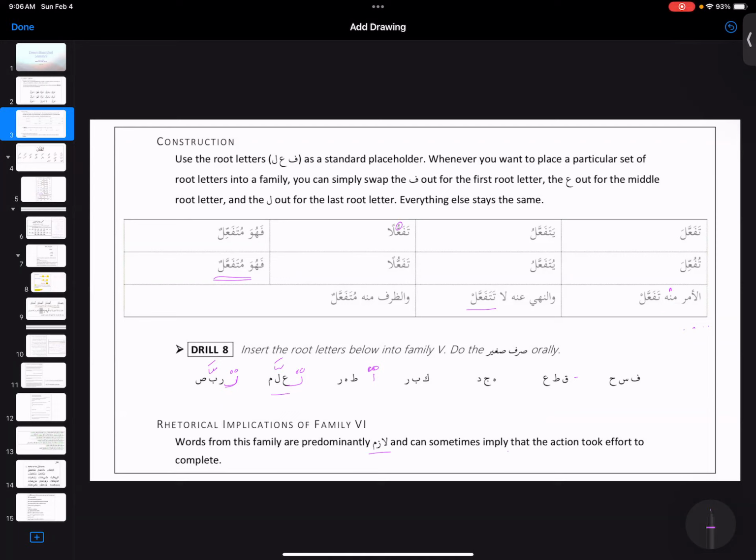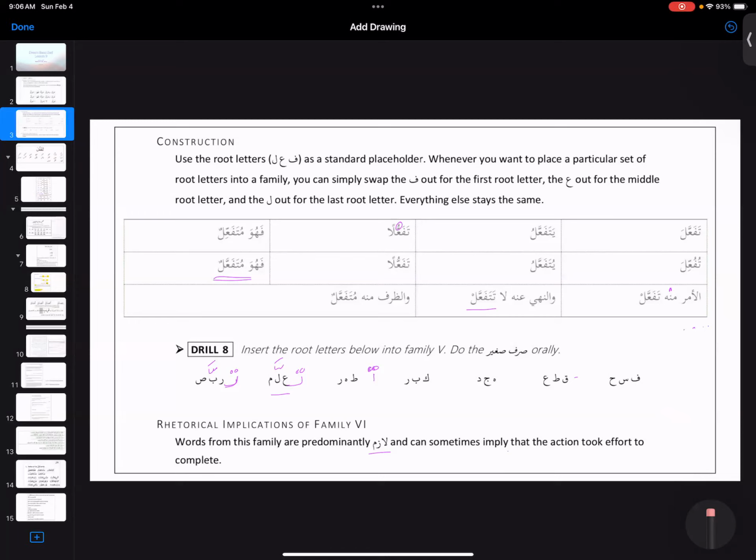As compared to allama, to teach. When he is teaching, the teaching is affecting other people. But ta'allama, he learned, so learning is happening to himself. This is how you can think about it. So allama will be mutaddi.